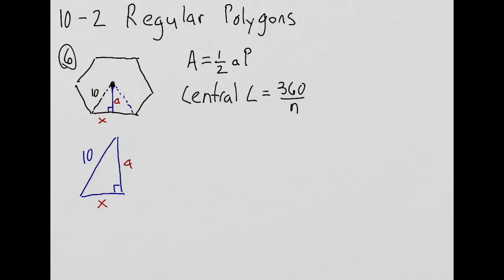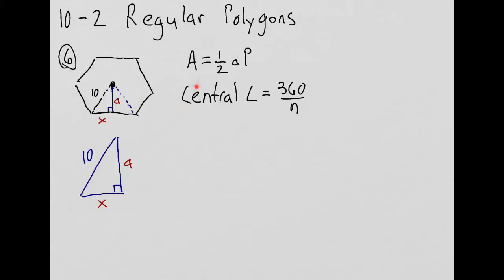So you've got one side, that's the hypotenuse in this case. But you need one more piece of information, right? You're going to need one of the angles. And the trick is you've got to remember how to find central angles.